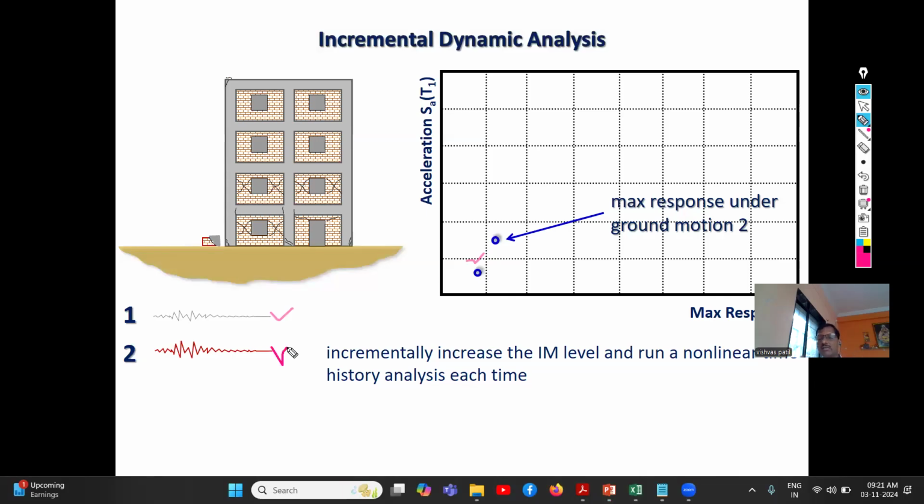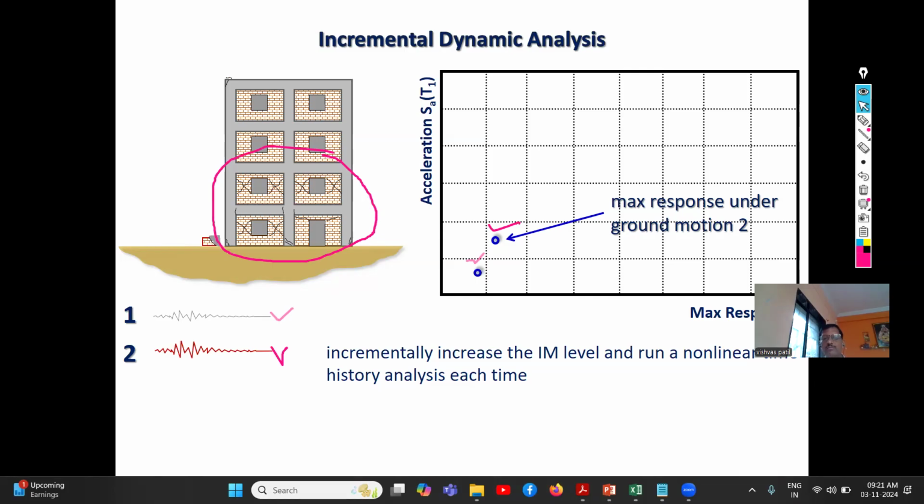I am stressing that they remain unchanged. And this type of scaling is known as scaling in the time domain. It is not in the frequency domain. Then we will get the second point. Also observe the failure pattern as compared to the previous intensity. Since we have increased the intensity, more failure will be there.